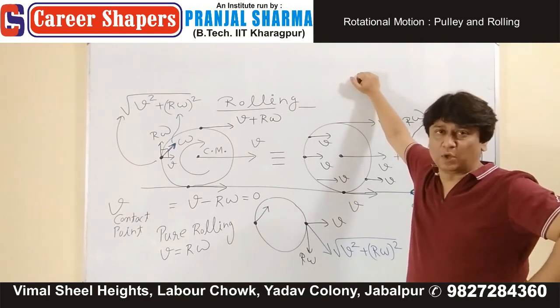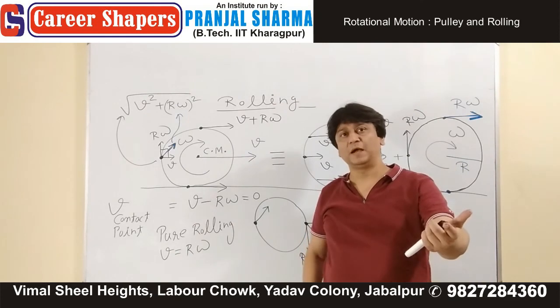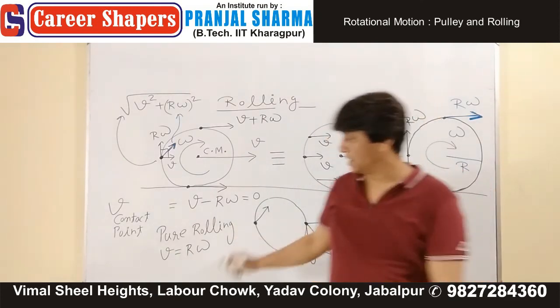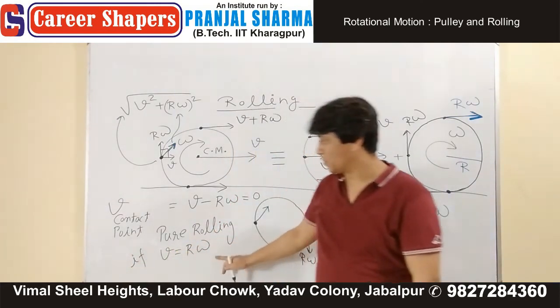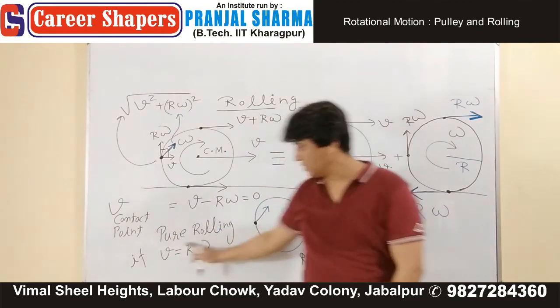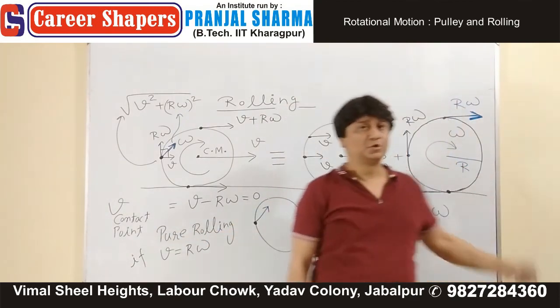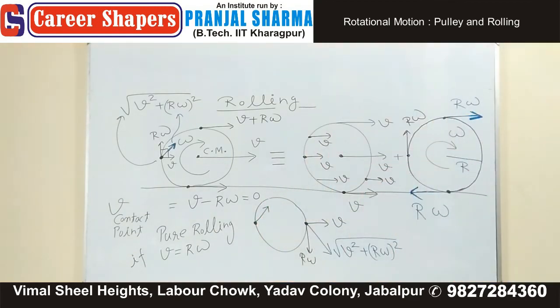Now tell me one thing. In circular motion we know that V is always R omega. But what are we saying here? If V is R omega, then pure rolling takes place. But from circular motion we know that V is always R omega. So we can remove this confusion.